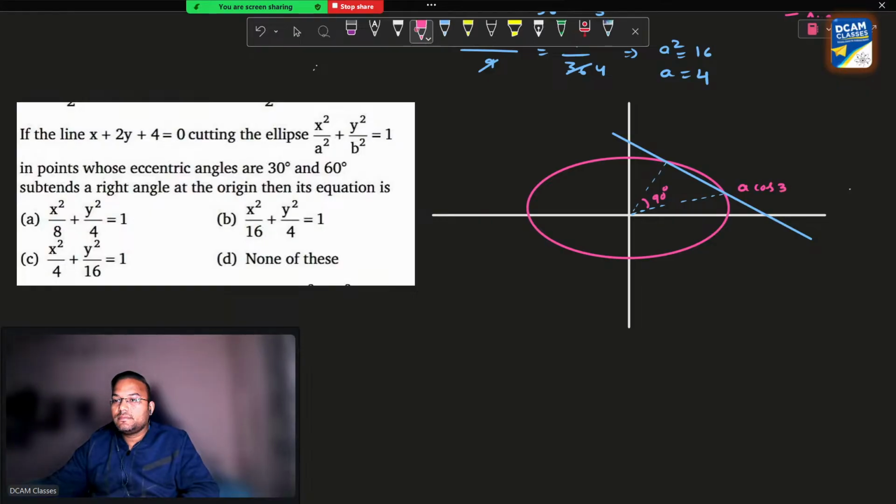What do they mean by eccentric angles at 30 degrees and 60 degrees? Eccentric angles means this: a cos theta, b sin theta we say, no? That one. Okay.